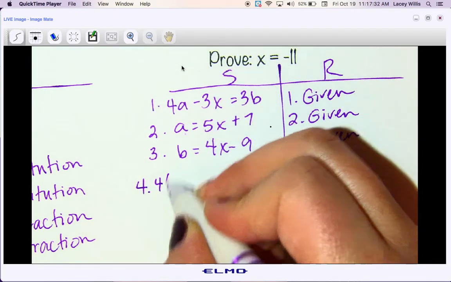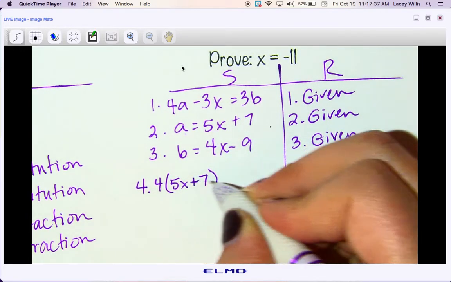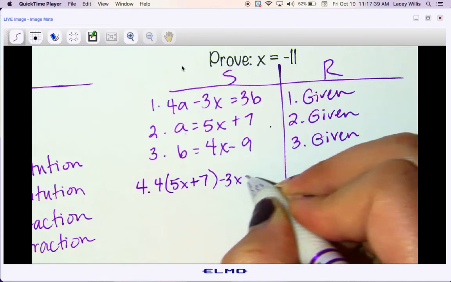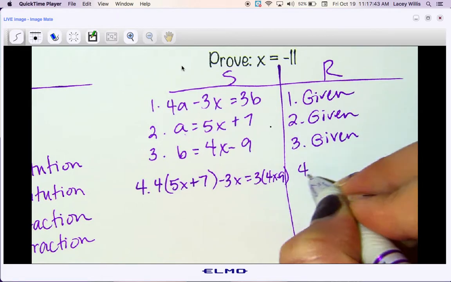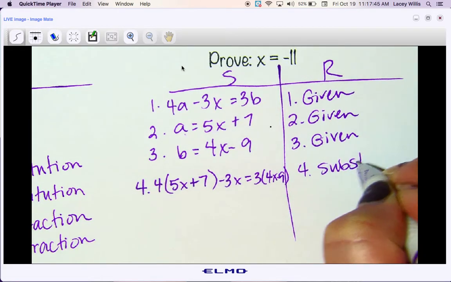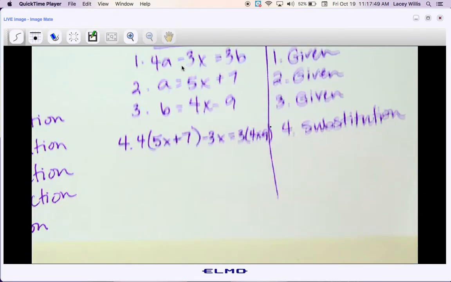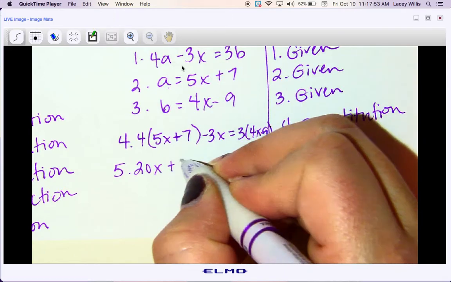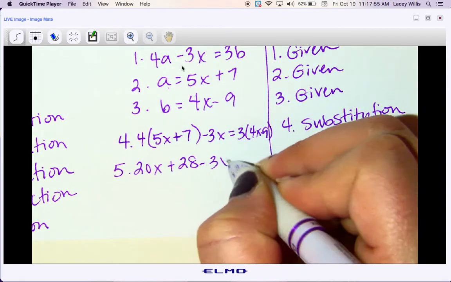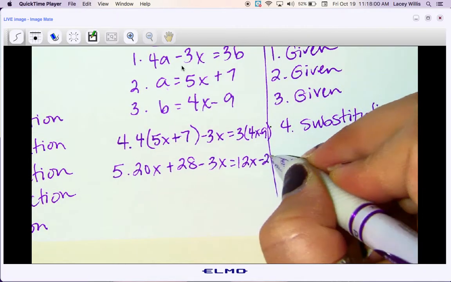Yep, so here's A. And then take B out and put that in its place. Substitution. What do you think is next? Distribute. So it'd be 20x plus 28, 12x minus 27.